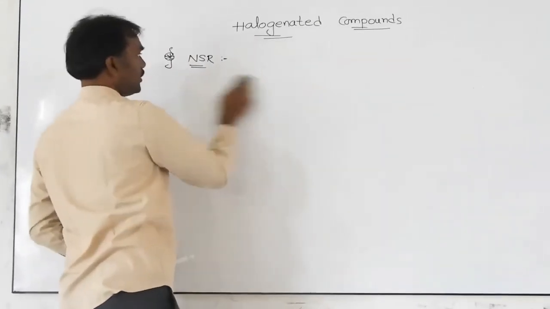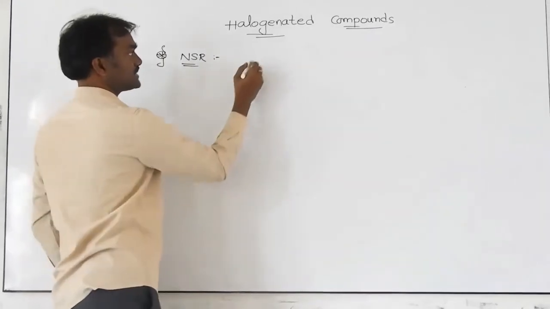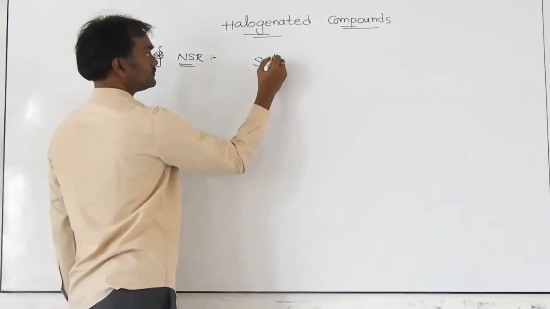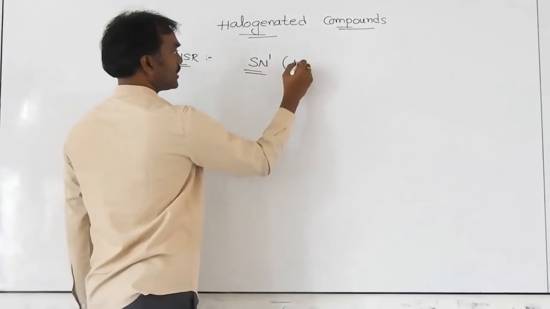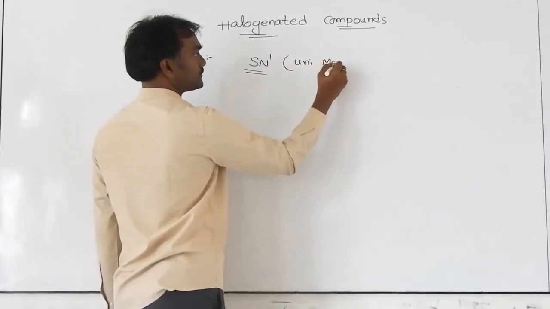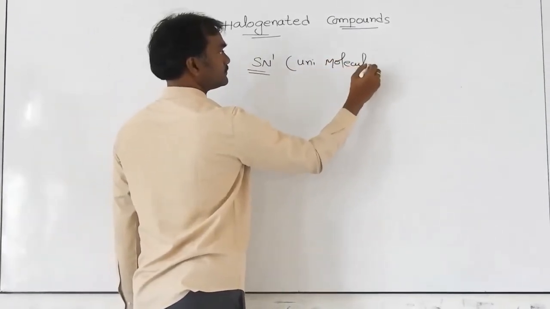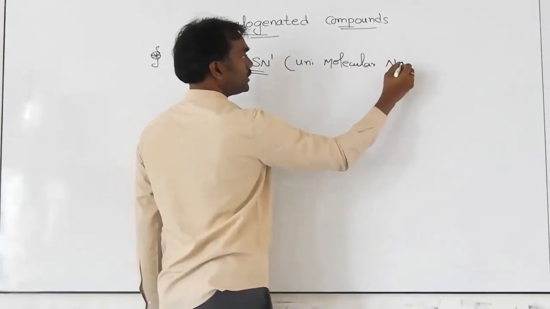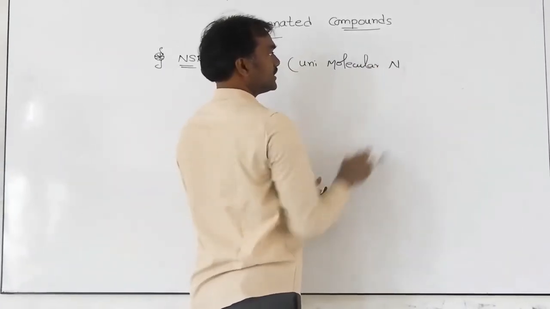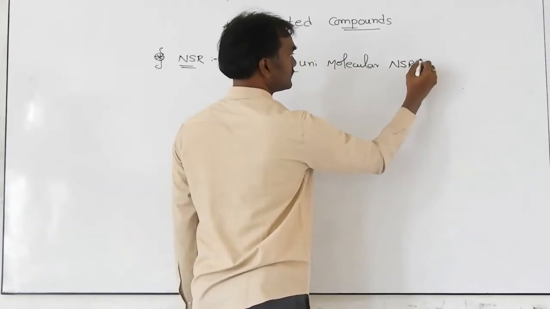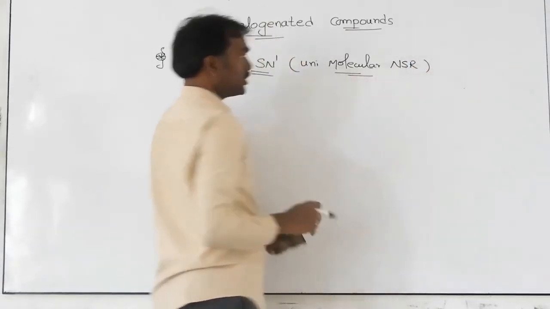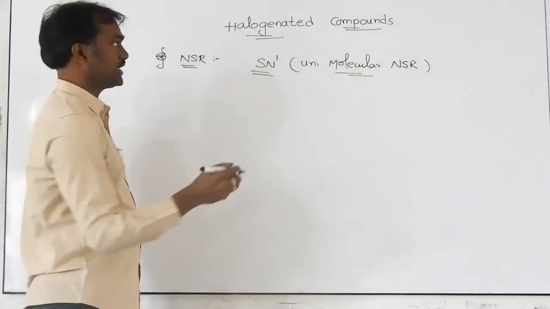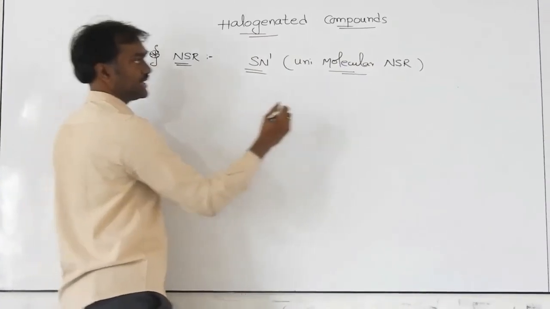Now we are discussing SN1, the unimolecular nucleophilic substitution reaction. Where does it happen? It is observed in tertiary alkyl halides.